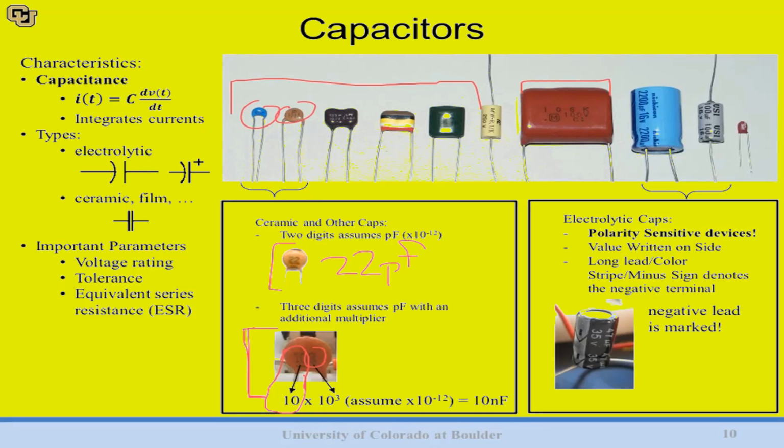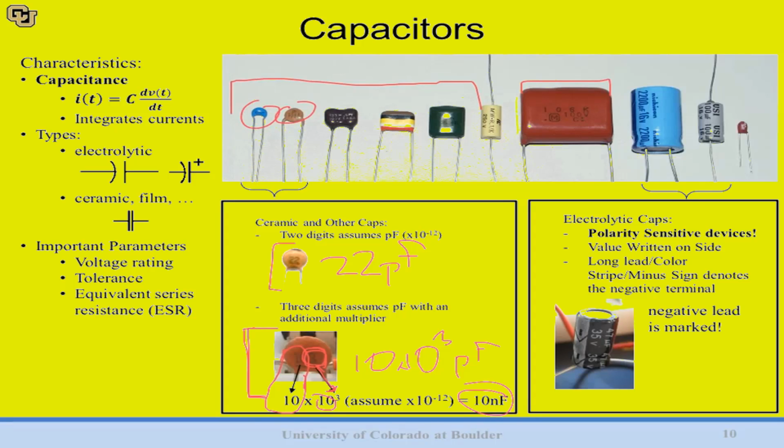So it's going to be 10 times 10 to the third because we have a 3 there. So you just put whatever this third digit is above the 10, and then we again assume picofarads. So we've got 10 times 10 to the third picofarads, which if you just write that out a little bit easier is 10 nanofarads. So that's how you read 2 and 3 digit codes.